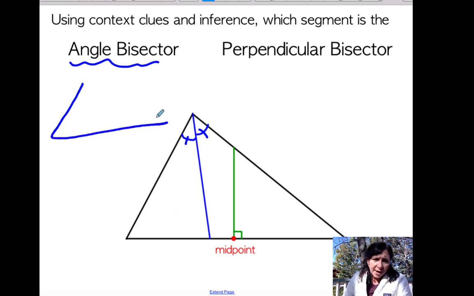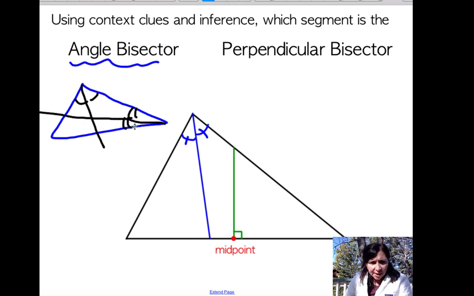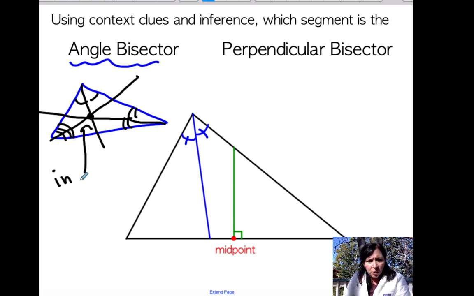So if I had a triangle like this, and let's say I bisected this angle right here, where that equals that, and then I bisected this angle right here, where this angle is congruent to that angle, and then I bisected this angle here, where those were congruent, I would have a point in the middle. That point, where all 3 angle bisectors meet, is called the incenter.